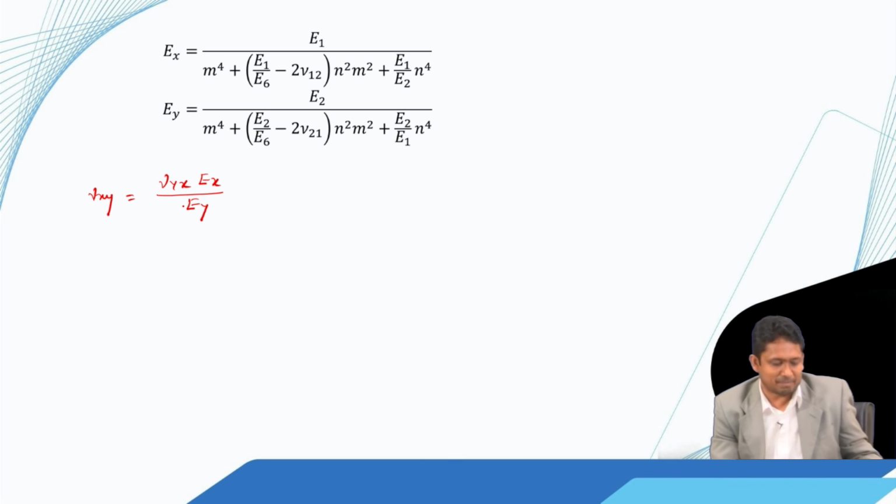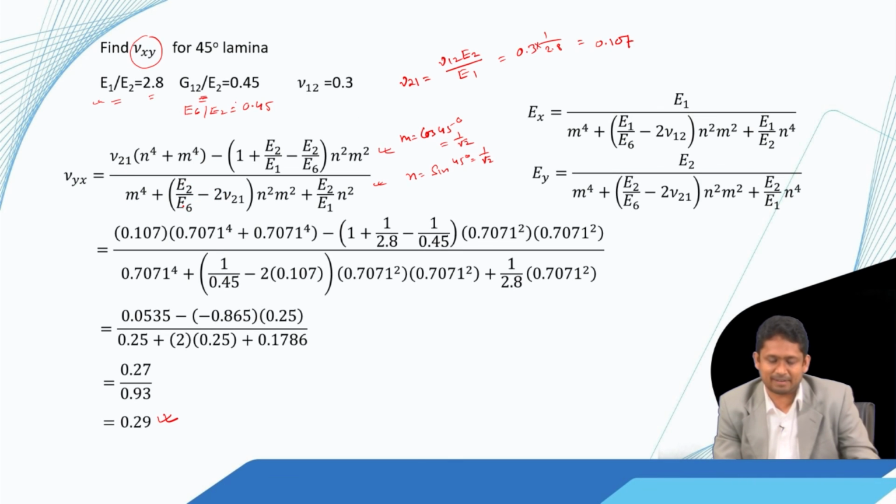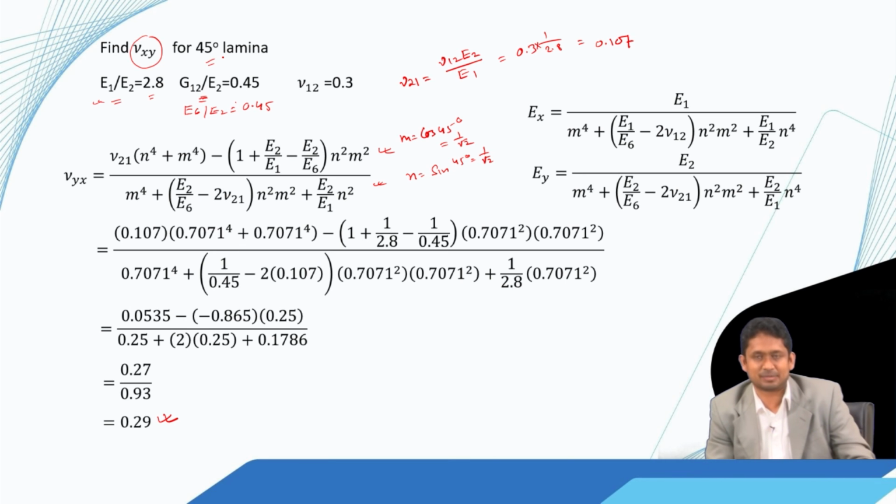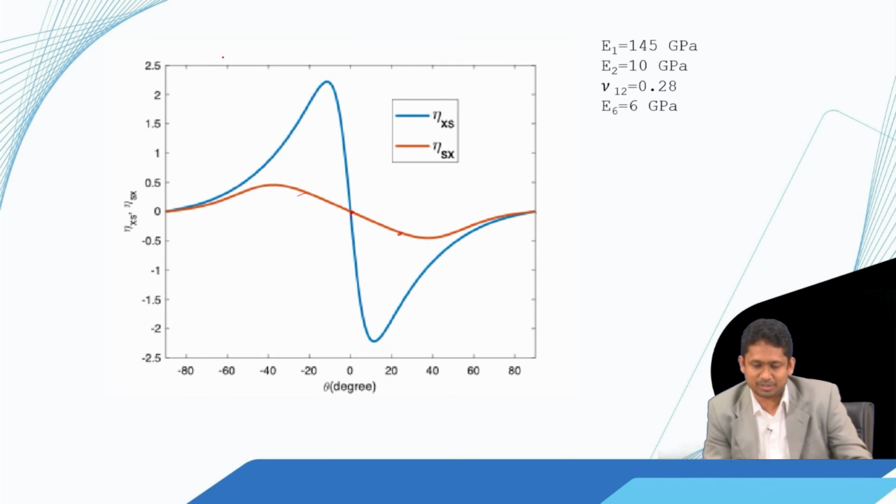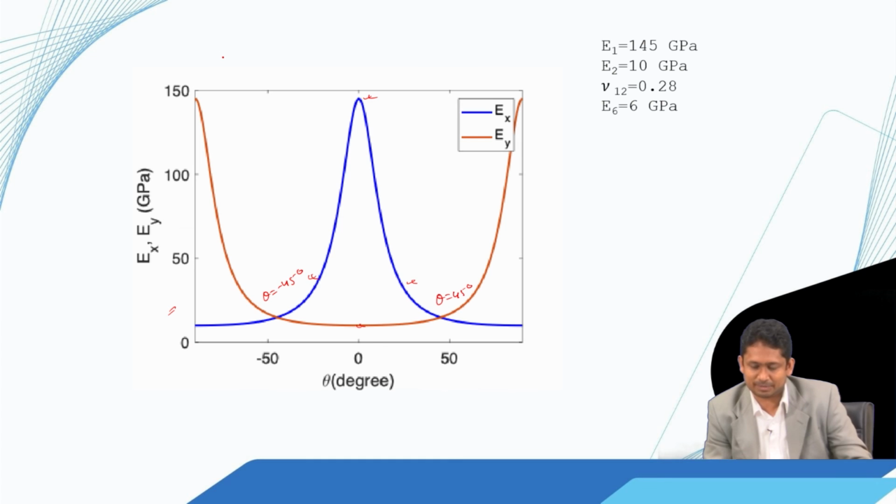It is already mentioned that this is a 45 degree lamina, and we have seen that when theta is equal to 45 degrees, if we look back at the graph that we discussed, E x and E y become the same.